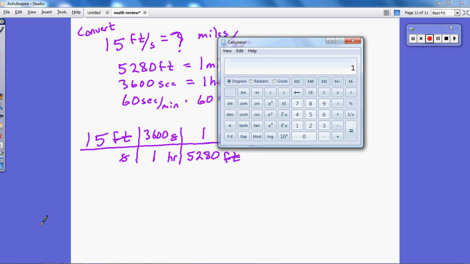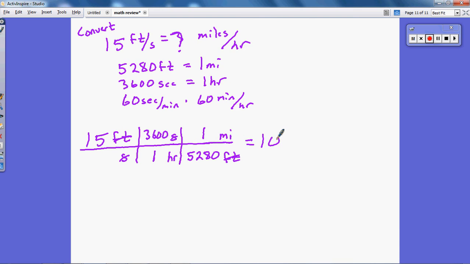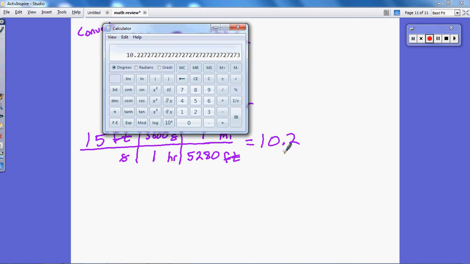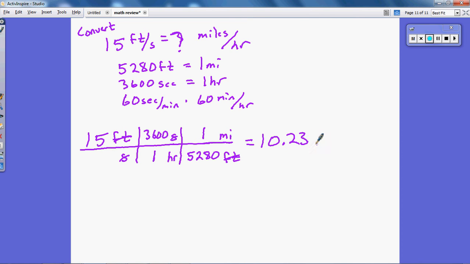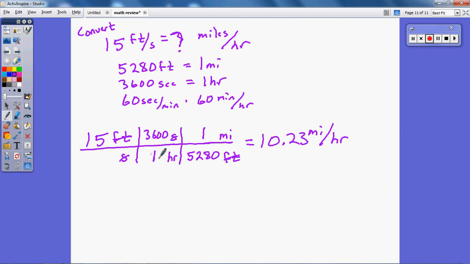There's the calculator. 15 times 3,600 divided by 5,280, and we find that this is the equivalent, approximately 10.23 miles per hour. So there we have a 2-step conversion, but to remind you of how to set up these little grids.